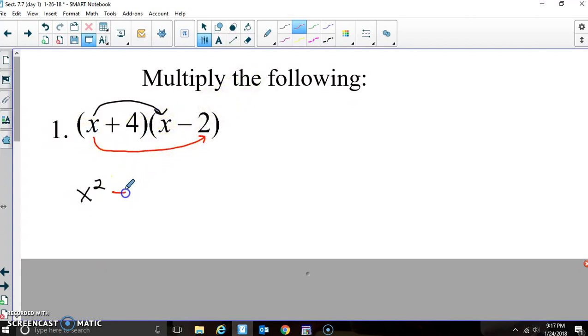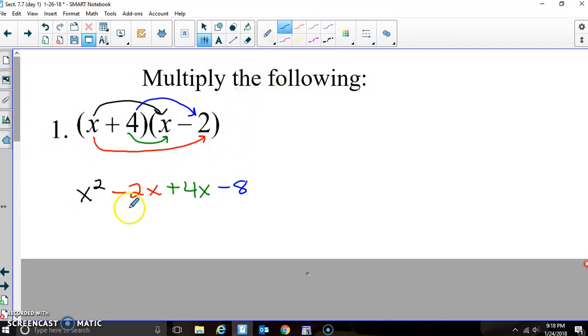Now treat that negative and make it minus 2x. Okay, the inner terms. You start at the 4 and 4 times x. And then the 4 and the 2 are what we call the last terms. 4 times negative 2 is minus 8.